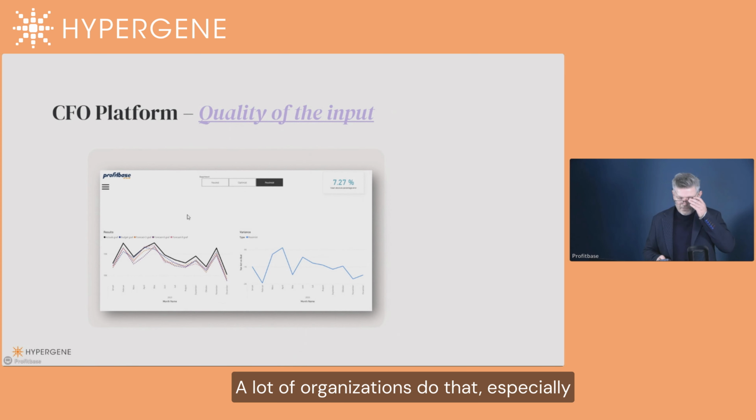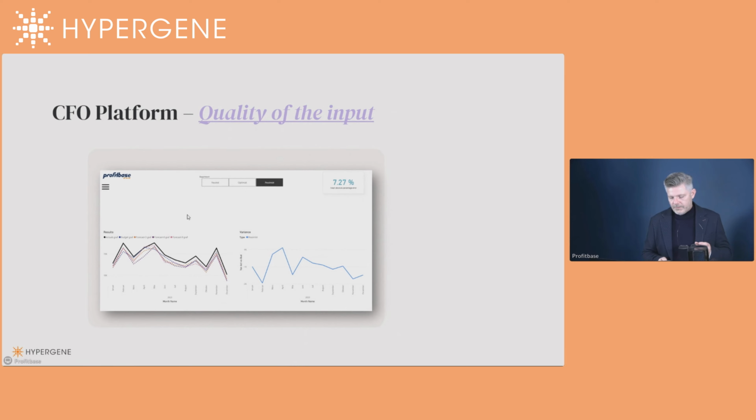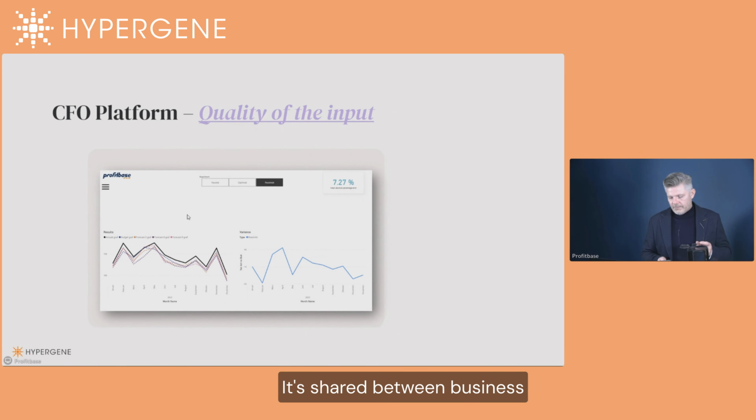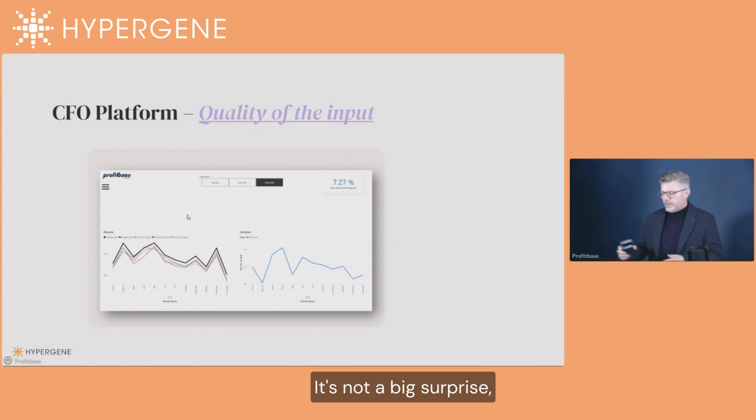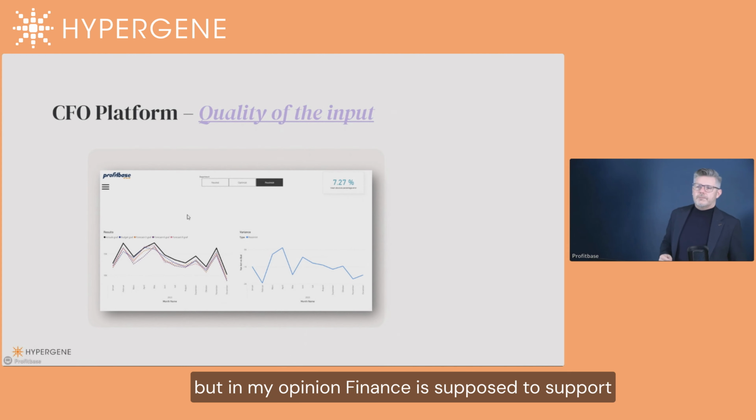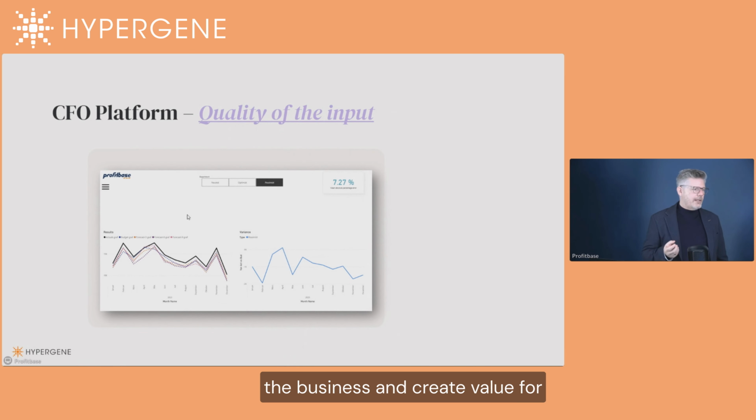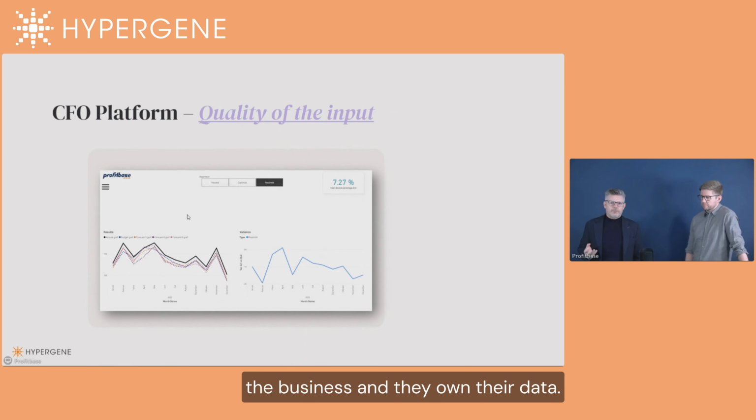Quite a few organizations do that, especially if they're using spreadsheets. So it's shared between business and finance, which is 39%, and then you have it depends or business unit owns their data, which is 11%. So yeah, again, not a big surprise, but in my opinion, finance should be supporting the business and creating value for the business, and the business should own their data.